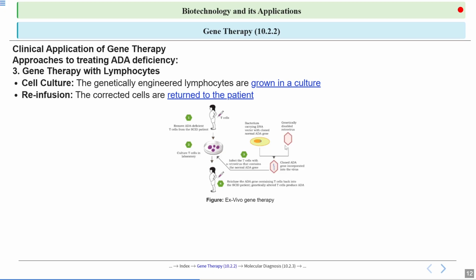It is a vector. Now we will clone this ADA gene into this virus, and this virus will infect the cells with a retrovirus that contains the normal ADA gene. Now we will infect the lymphocytes with it.